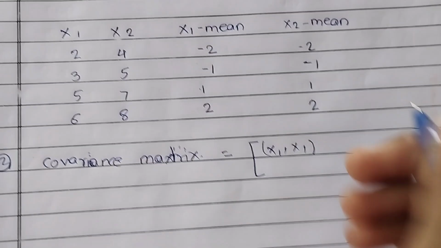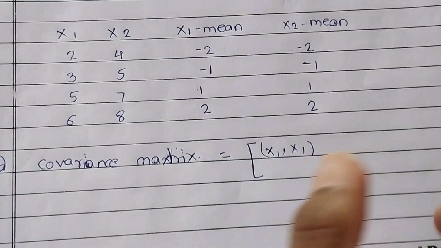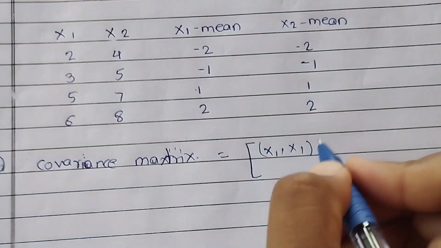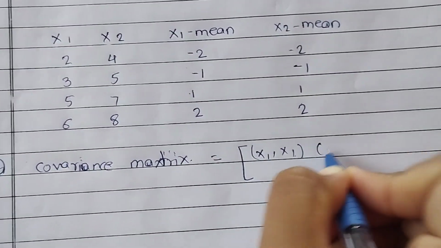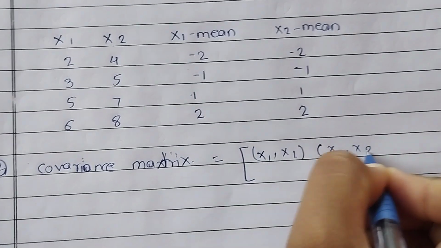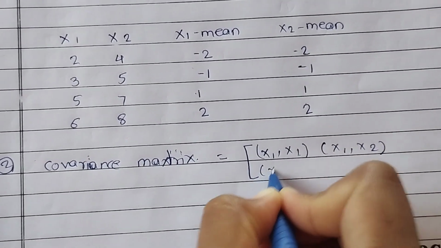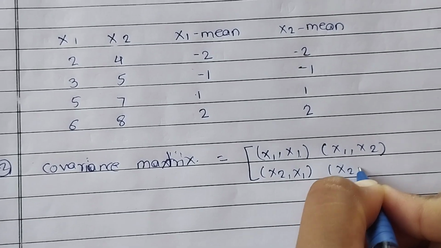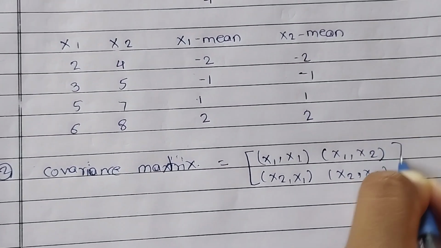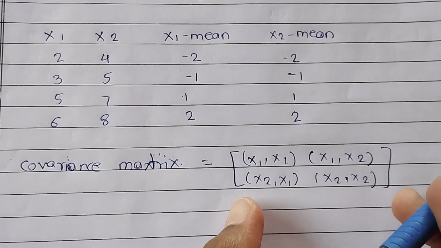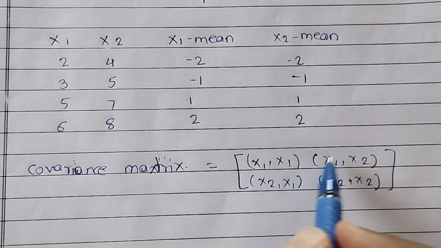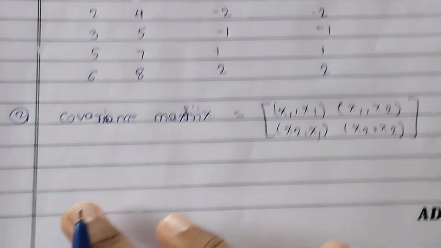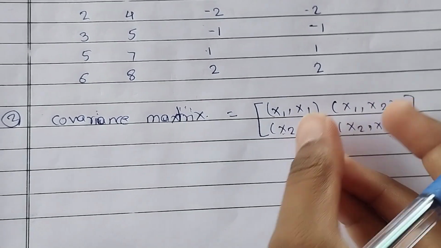Now we will solve this, but first just a basic idea of how the matrix looks. It is like this: x1 x1, x1 x2, x2 x1, x2 x2. This is the same as our simple matrix 1 1, 1 2, 2 1, 2 2. Now we find out all the values.